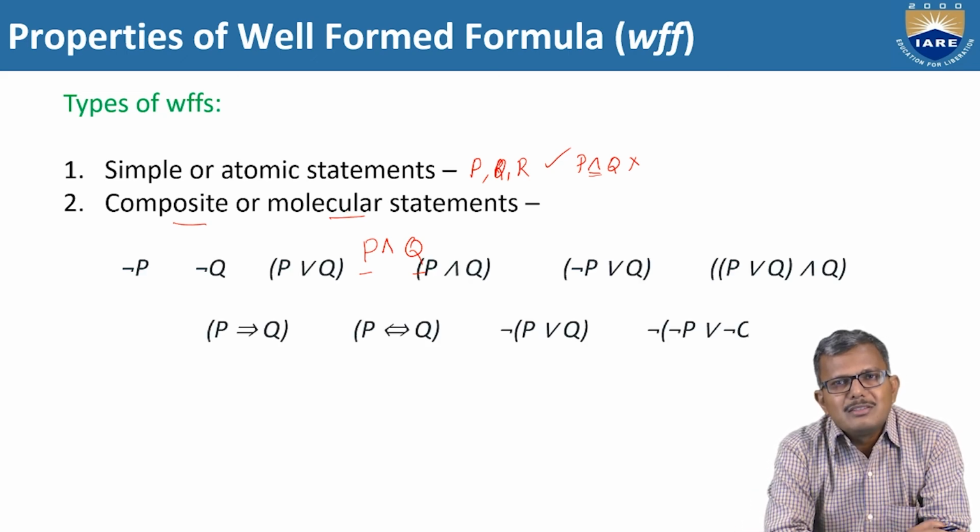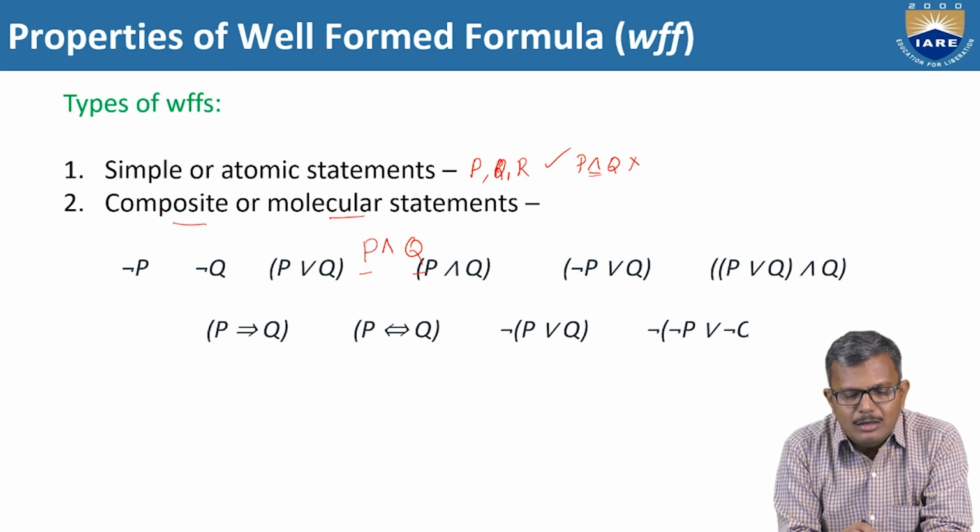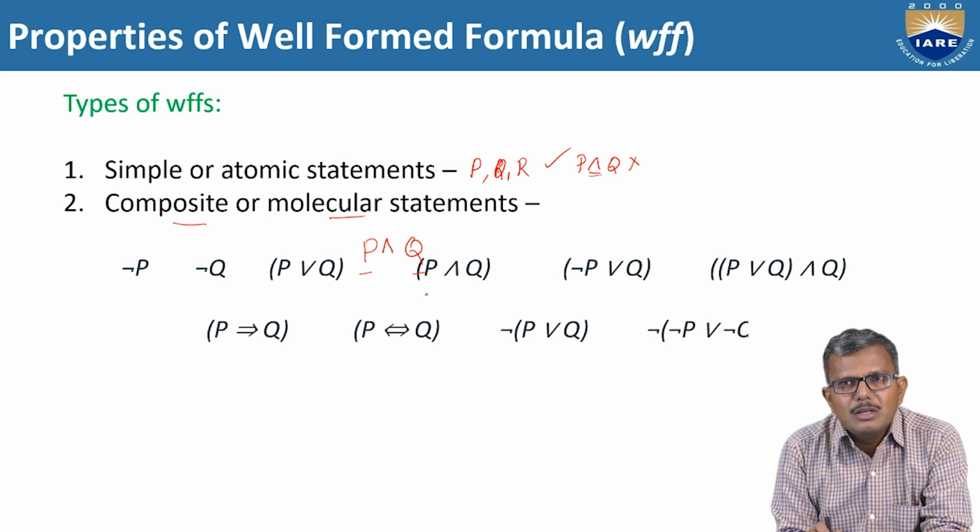See, these are some of the examples: not P, not Q, P or Q, P and Q. These are all valid statements. But before deciding that these are valid, we need to know which ones are considered valid and which are not.